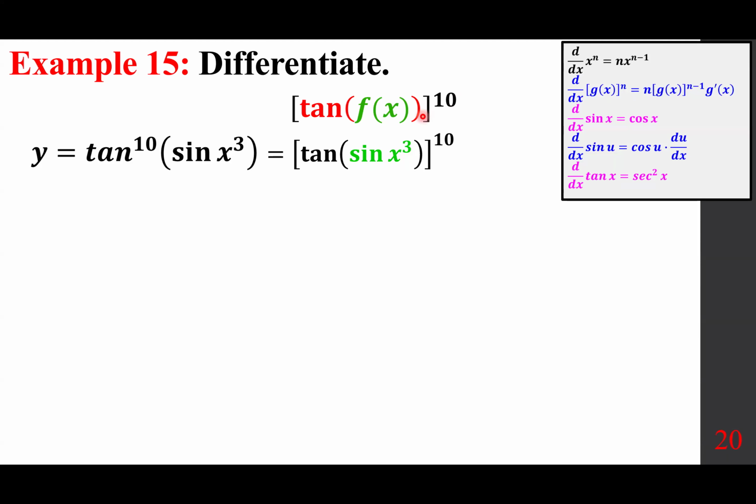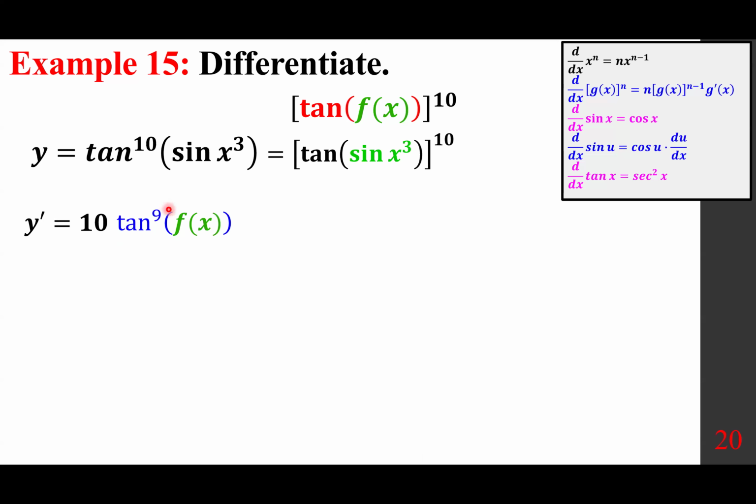Now something to the power of 10 uses the extended power rule. So for the derivative of g of x to the power n, we start with n, which is 10. Then the same function to the power of n minus 1: the same function, tangent, to the power of 9.